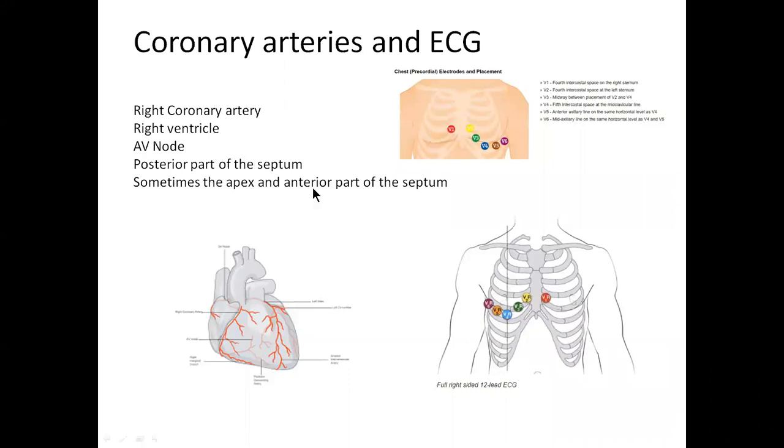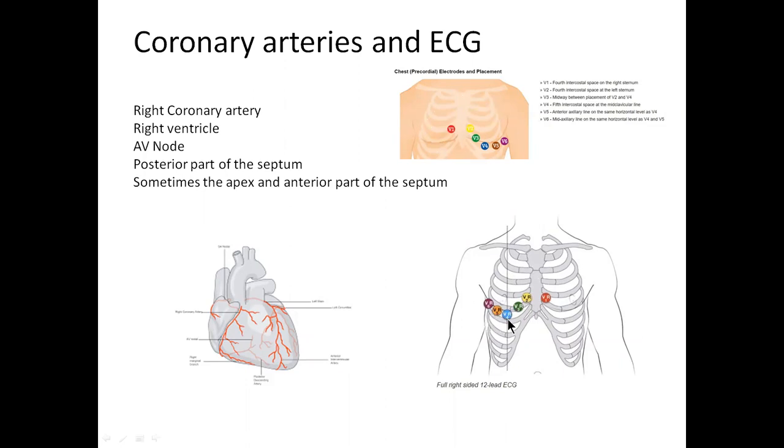Now, for that, this is where we traditionally place the ECG leads. But now we do just the opposite and place them on the right side using the same landmarks.